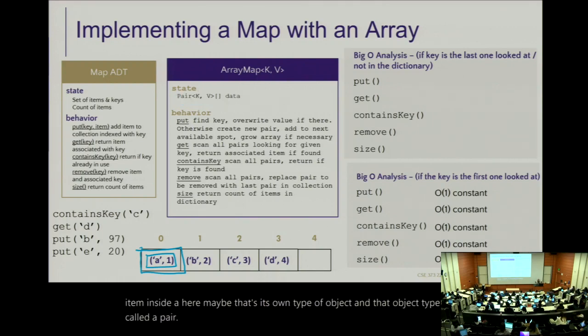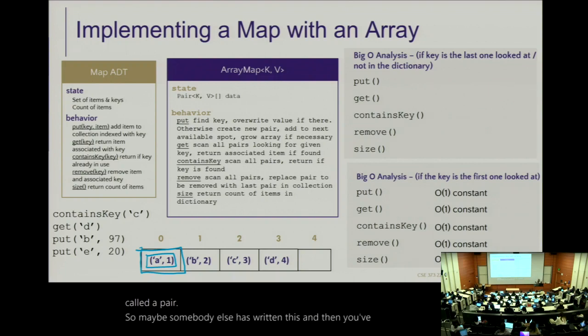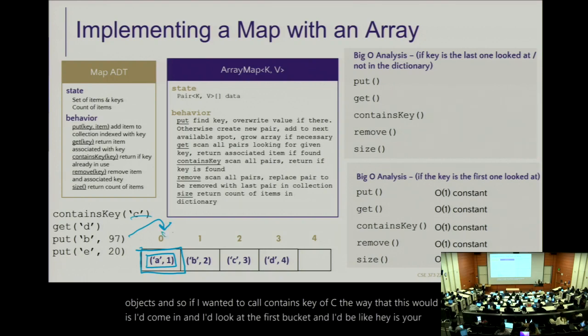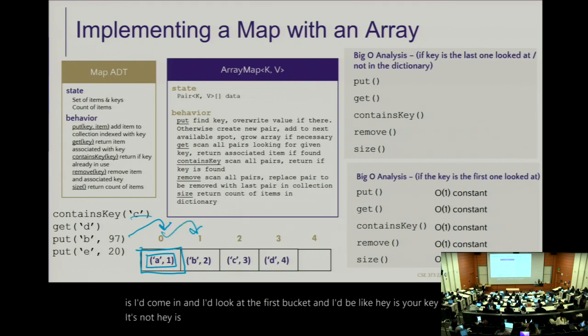So maybe somebody else has written this, and then you've got an array of pair objects. And so if I wanted to call containsKey of C, the way that this would work is I'd come in and I'd look at the first bucket and I'd be like, hey, is your key C? It's not. Hey, is your key C? It's not. Hey, is your key C? Heck yes, it is. Great, return.